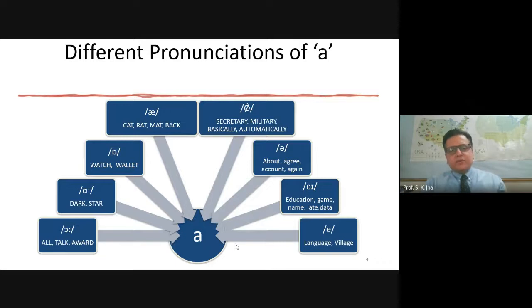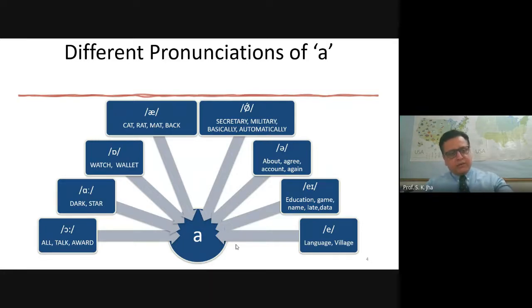Here I have given you 8 different pronunciations of simply A. In the first example, A, which you write, becomes O, as in "all", "talk", "award". But in the second example, you see, it becomes R, as in "dark", "star".